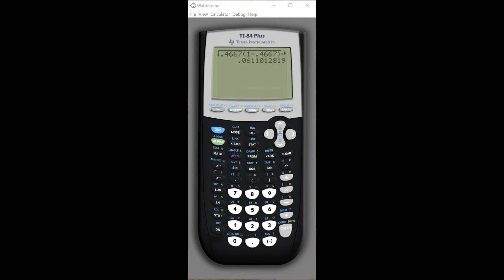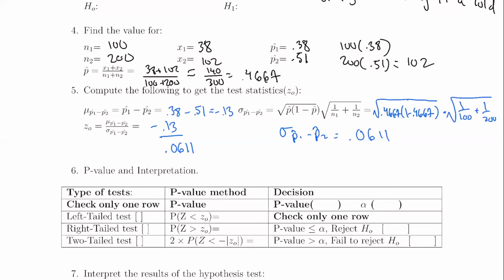Let me take you back to my notes. This is what I found, 0.0611. The standard error is saying that typically we should expect a standard deviation of 0.06.